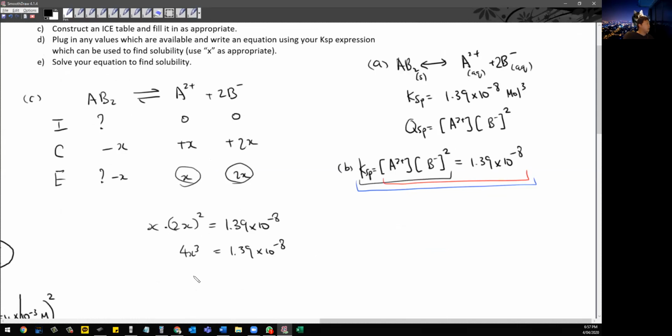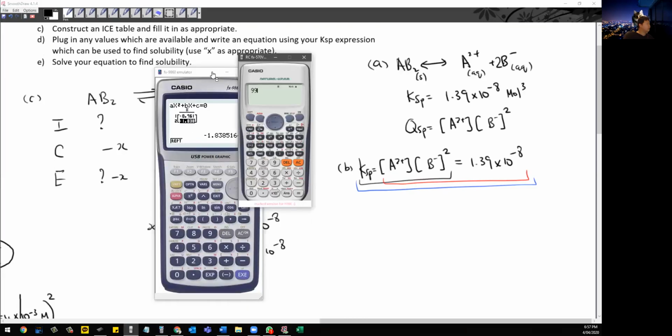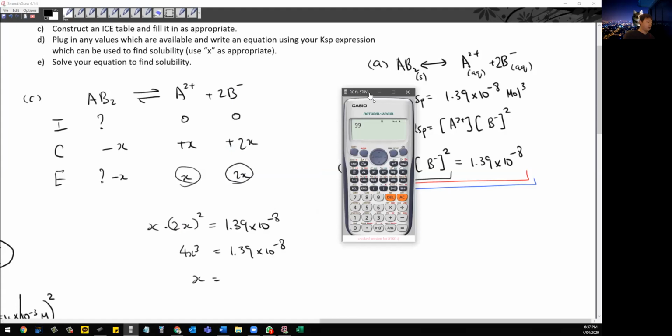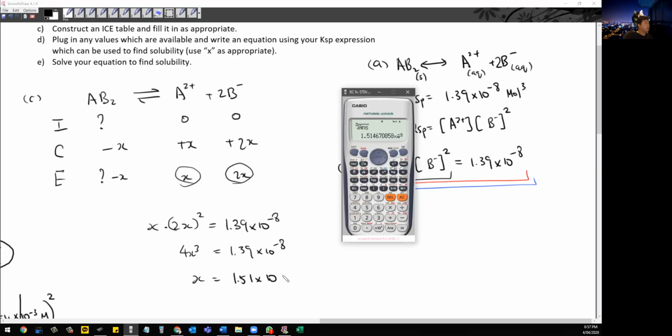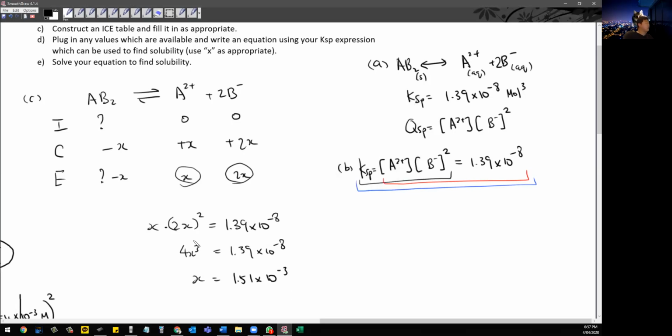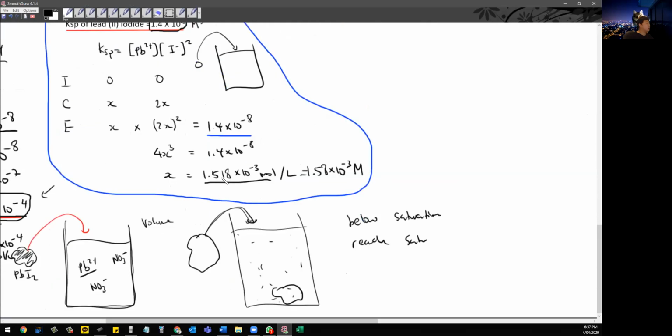So you get x equals 1.39 times 10 to the power of negative 8, divided by 4, and then the cubic root of that. That's 1.5 times 10 to the power of negative 3, exactly the same as this water case, very similar value.